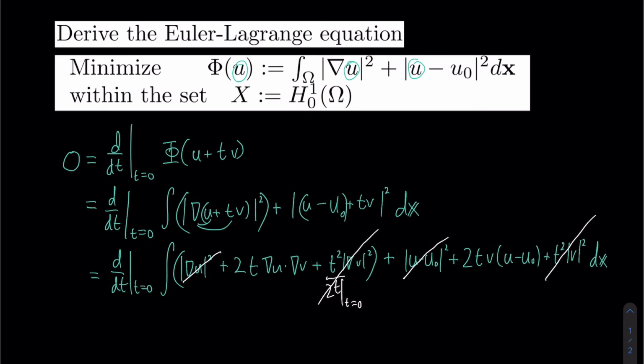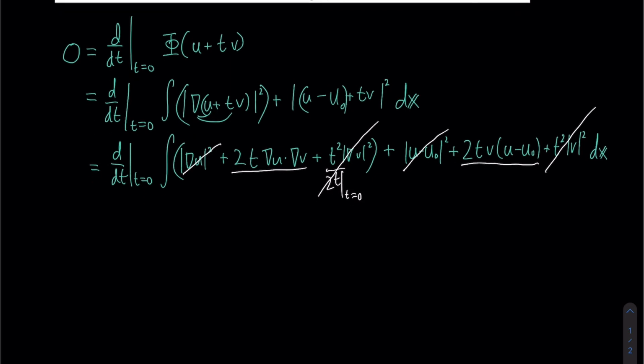So we're left with 2t times gradient of u dot producted with gradient of v, and then we have 2t v u minus u naught. Okay, let me rewrite this.